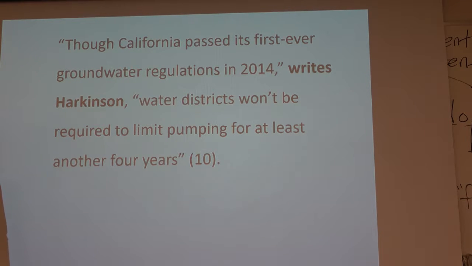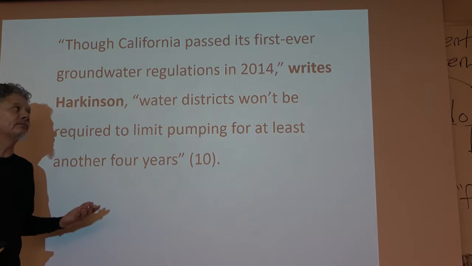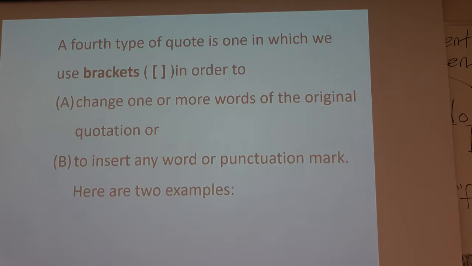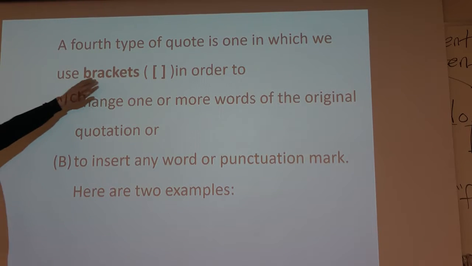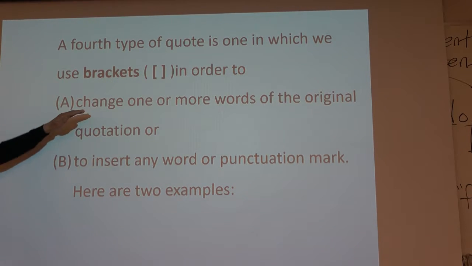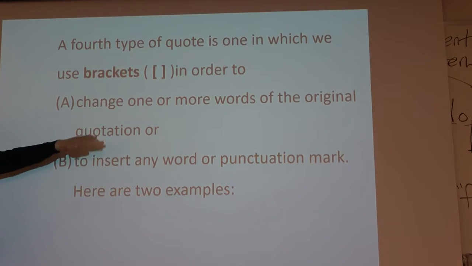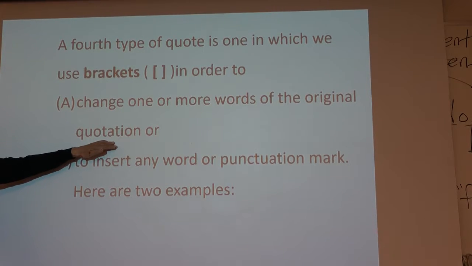Okay? Two examples of interrupted quotes. Questions? All right, so we go to the fourth type of quote. The fourth type of quote is one in which we use brackets in order to change one or more words of the original quotation. And I'll give you examples of those.